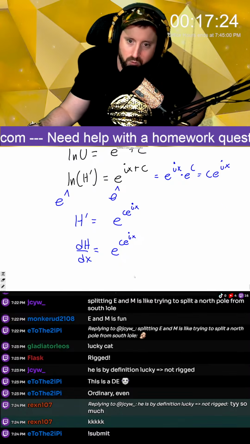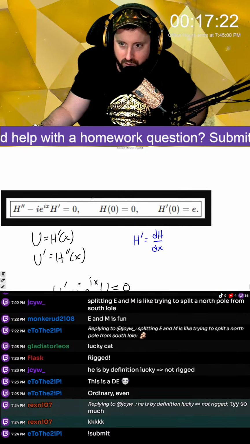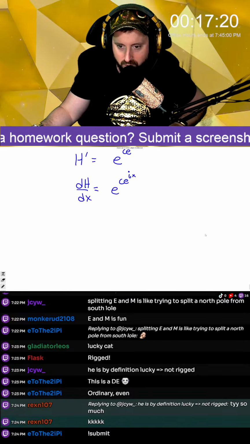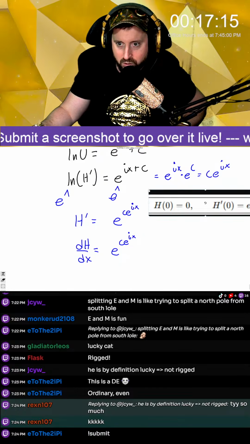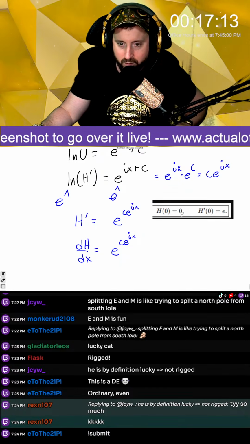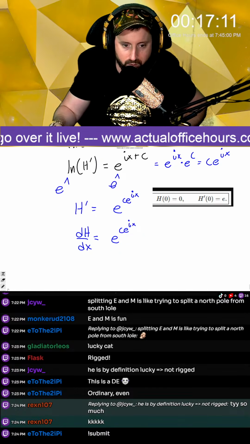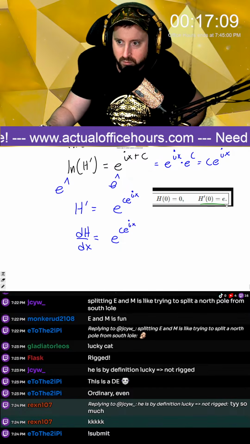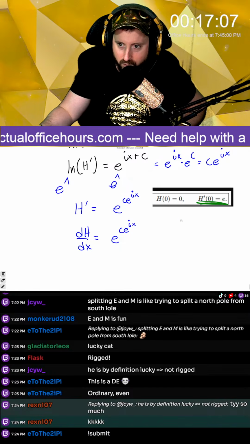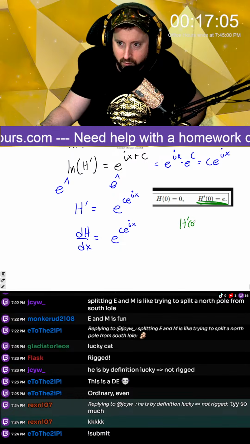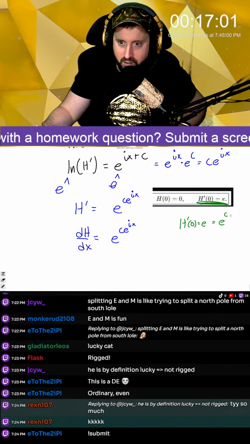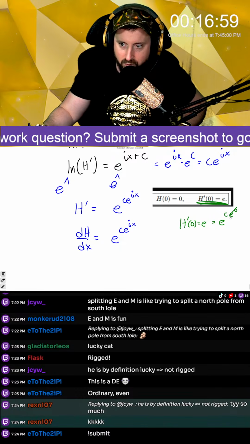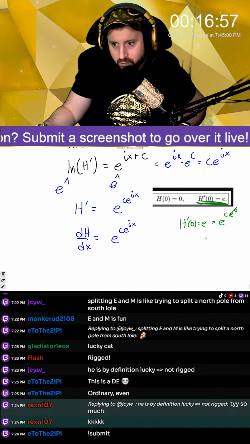Yeah, let's take some boundary conditions here. Before I even get there, I know from this one h prime of 0, which is equal to e to the c e to the 0. So e to the c. So c equals 1. Yeah.